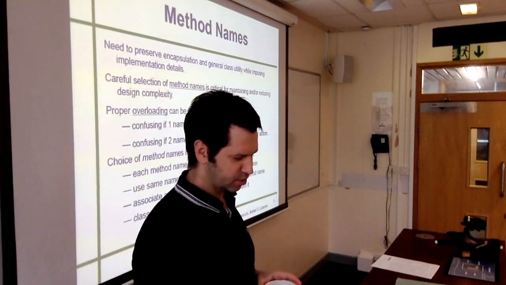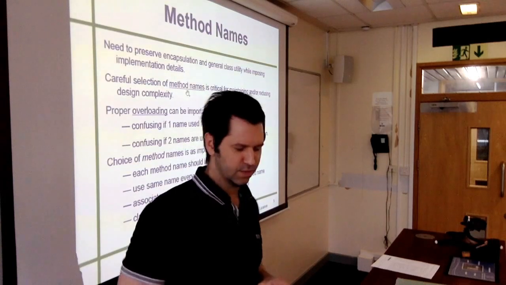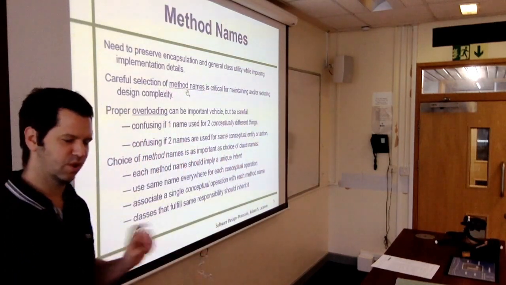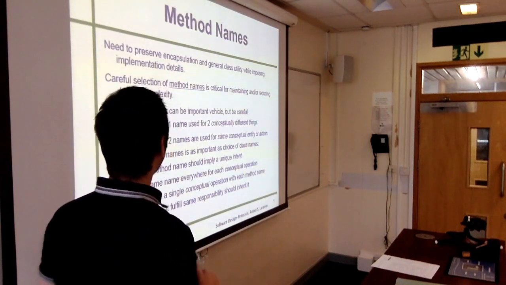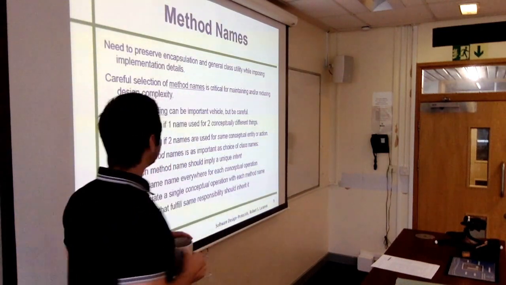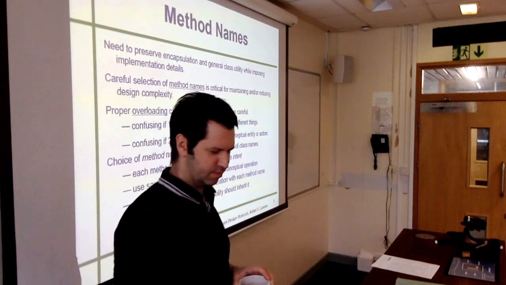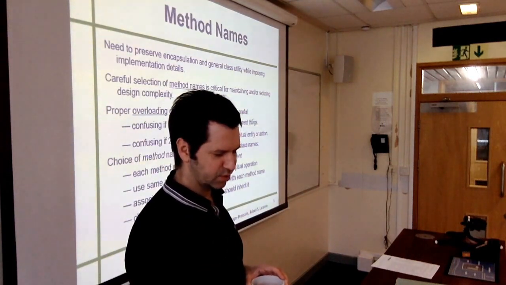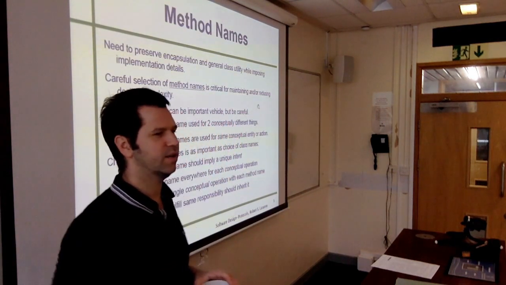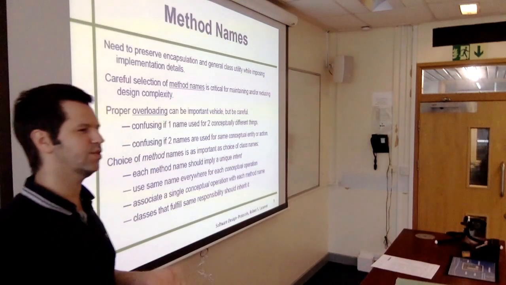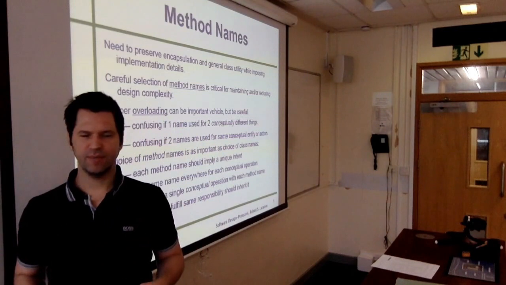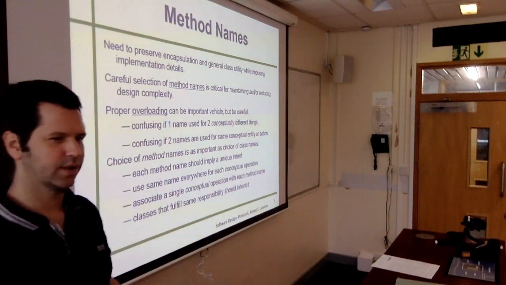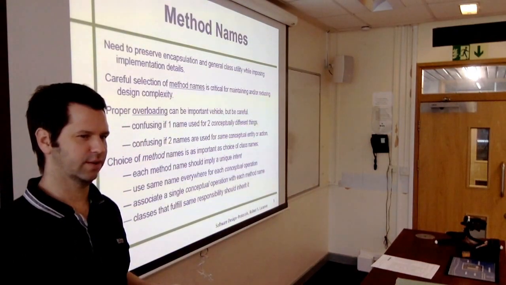We also talked about overloading, right, which was also called polymorphism. Proper overloading can be an important vehicle, but be careful. Confusing one name used for two conceptually different things, that's not allowed, so to speak. We don't want to do that. A good example of proper overloading is the Java toString, right?